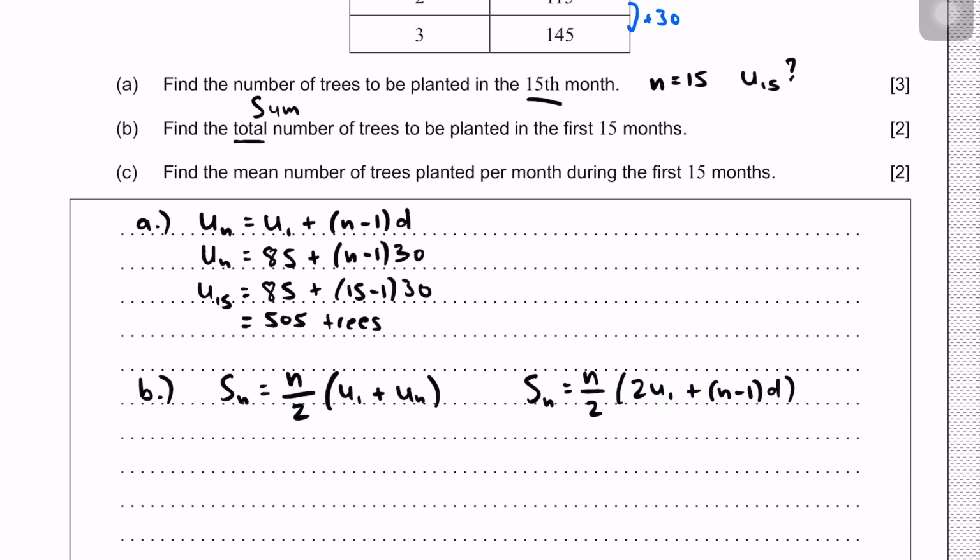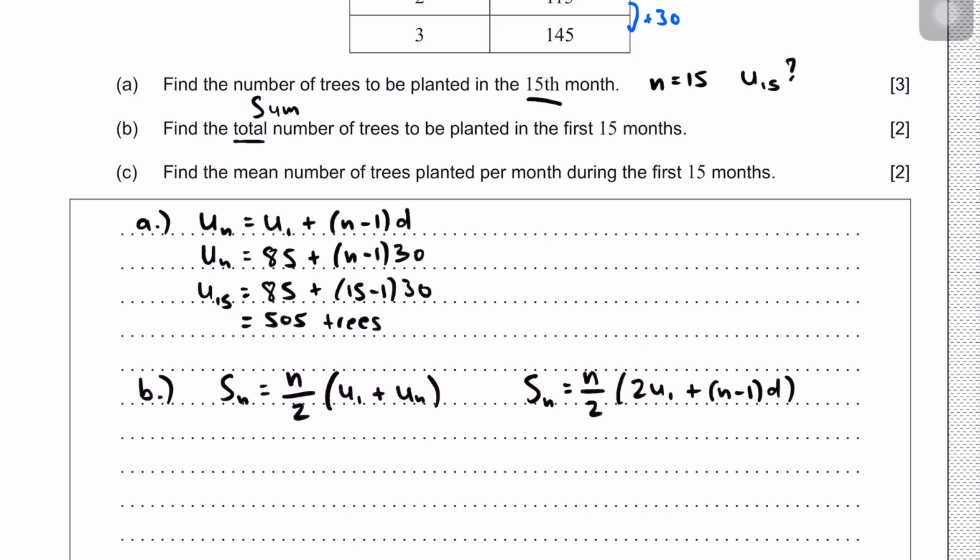It depends. They both have this n over 2, but if we look at the variables, this one has first term and last term. So if we know the value of the first term, the value of the last term, and the total number of terms, this one's going to be easier. If we don't know all of these things, then we're going to need to use the other one.